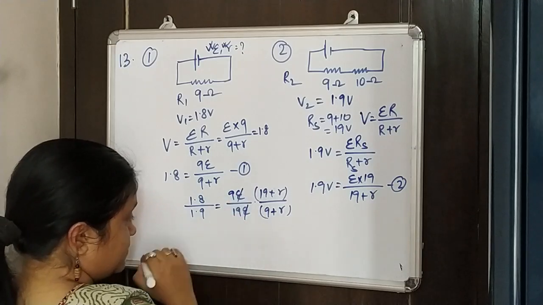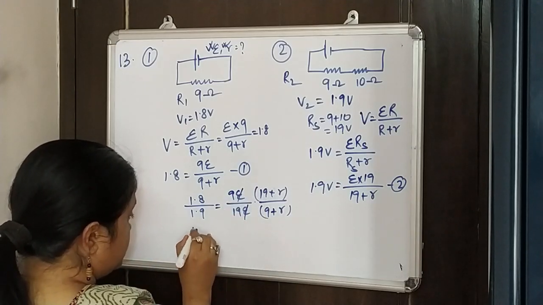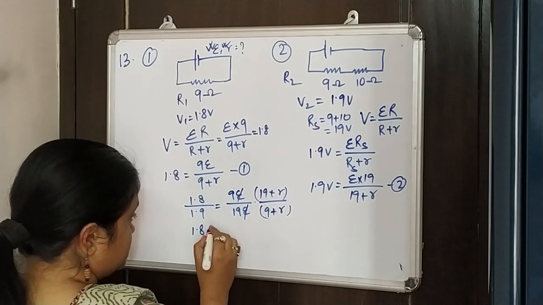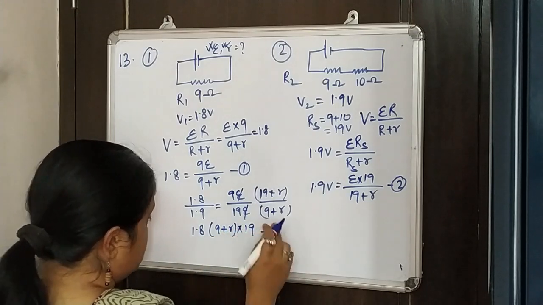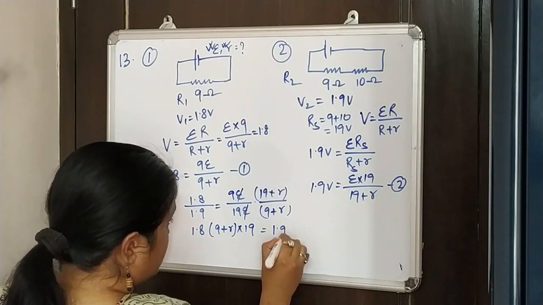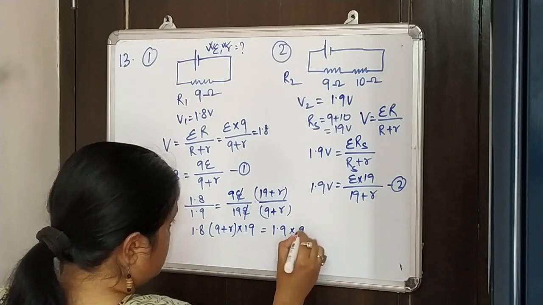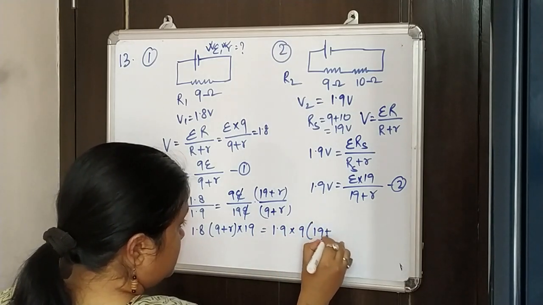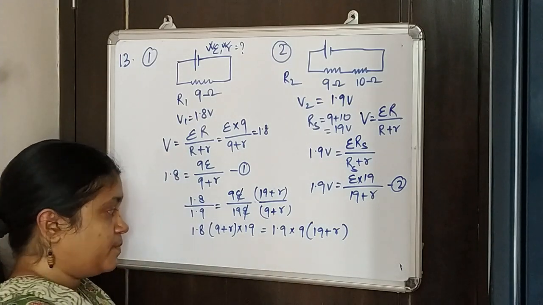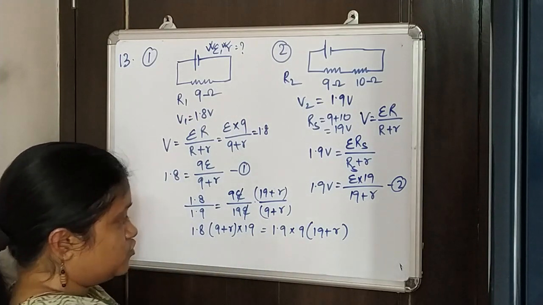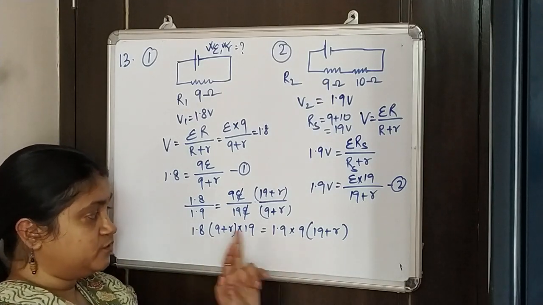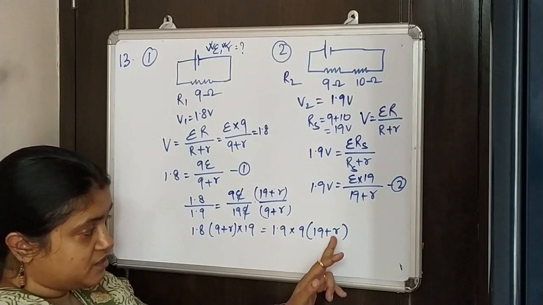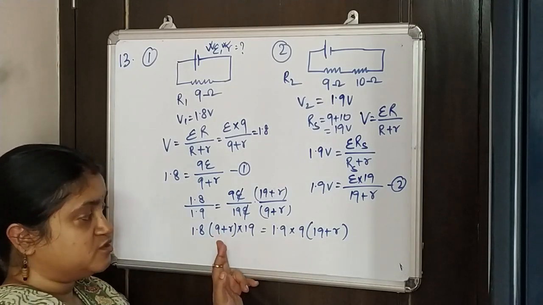Before that, this epsilon would get cancelled, so 1.8 times (9 plus R into 19) will become 1.9 into 9, 19 plus R. Okay, so from here, if you try to simplify, you see R comes into the picture here, and here also R comes into the picture.